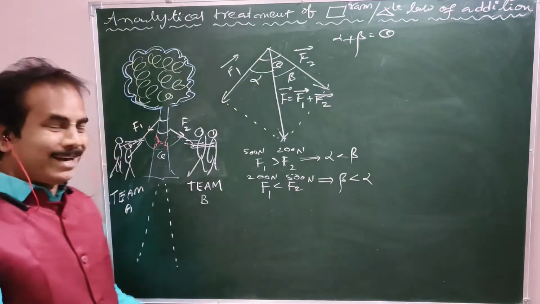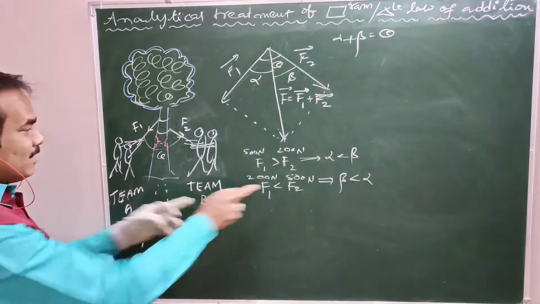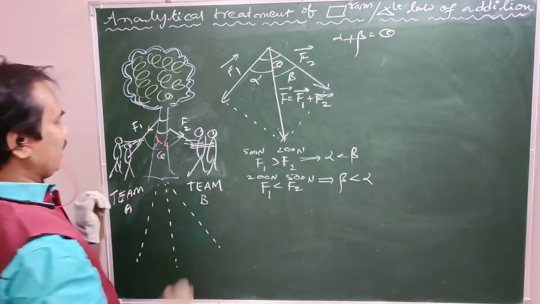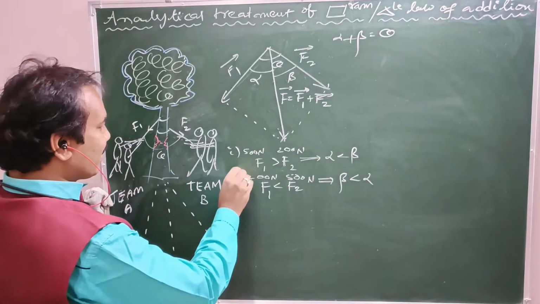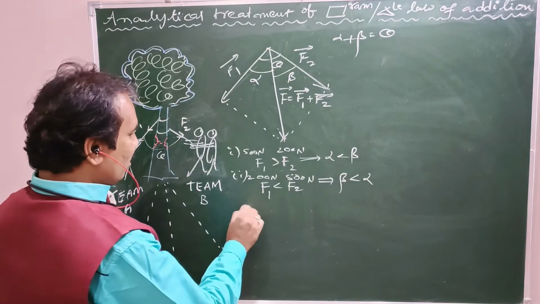In the third case, beta is less than alpha, meaning this time the tree would collapse close to team B. This is the first case, this is the second case. Now coming to the third case.